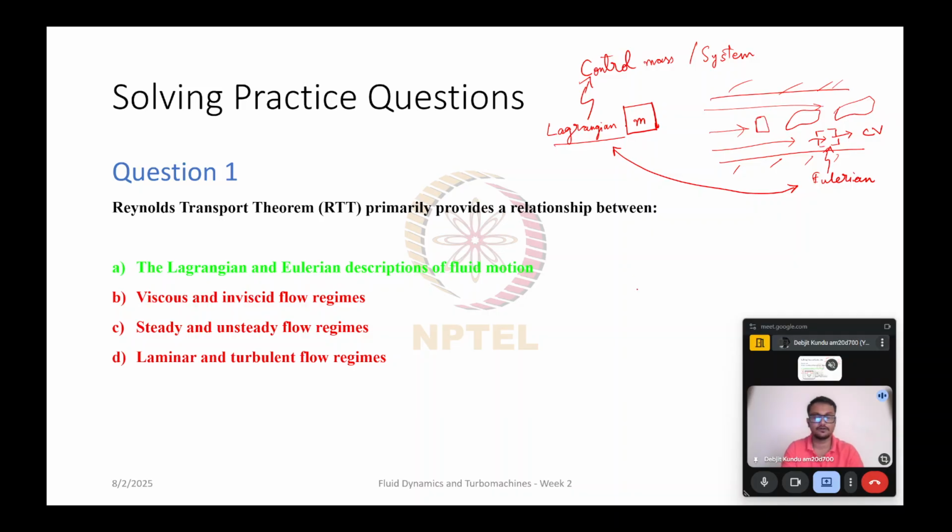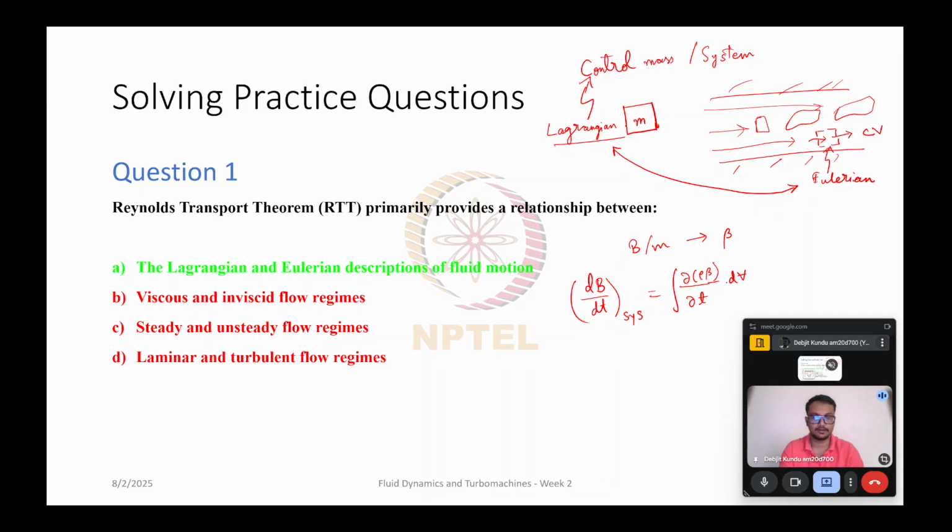And as we have seen for any general property B, if we divide that per unit mass and get some intensive property beta, then we can write something like this: dB/dt for a system is equal to ∂/∂t of the integral of rho beta dV, and this has to be integrated within the control volume.